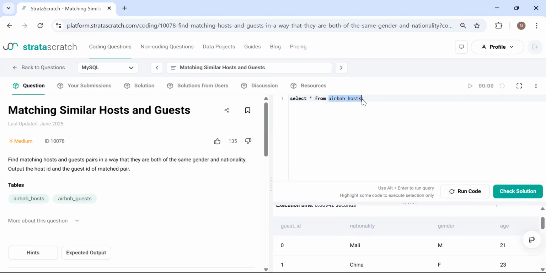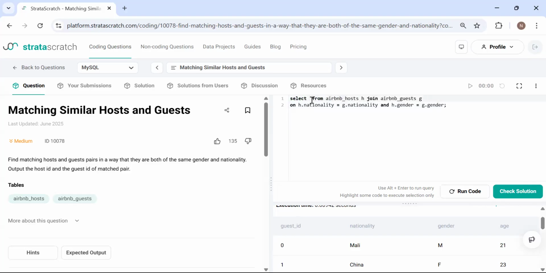So what we are going to do, we are going to join these two tables. Let's name this as H, join guest table as G on H dot nationality is equal to G dot nationality and H dot gender is equal to G dot gender.